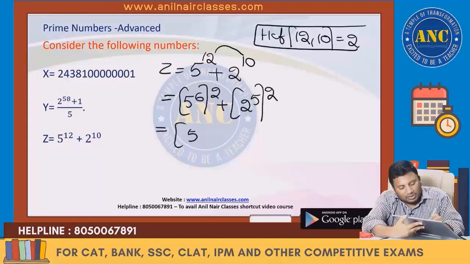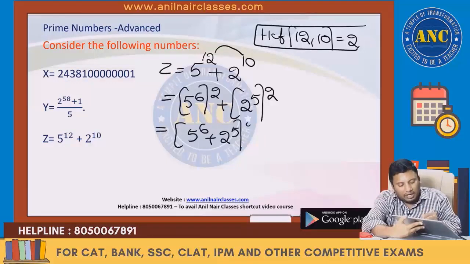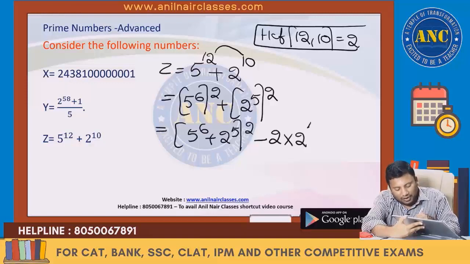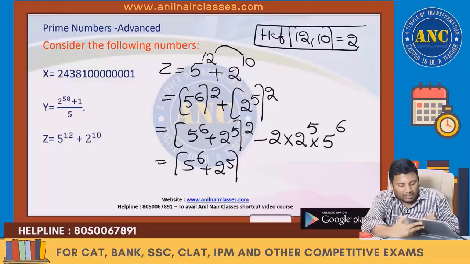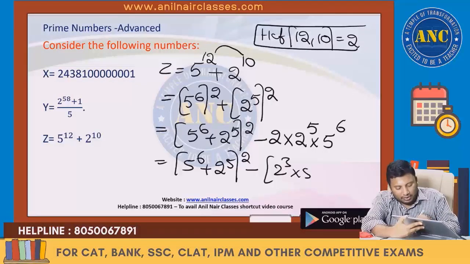A square plus B square is (A + B)^2 - 2AB, that is 2 into 2^5 into 5^6. So this is (5^6 + 2^5)^2 - 2^6, which is (2^3 into 5^3)^2.